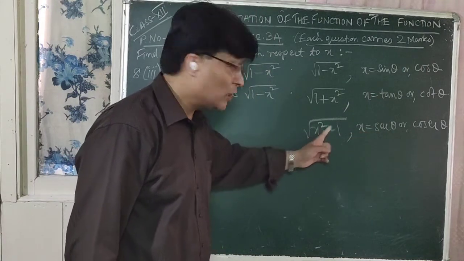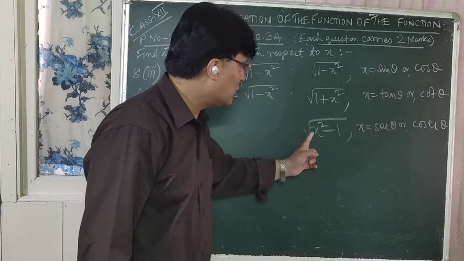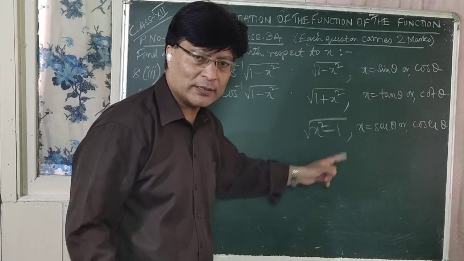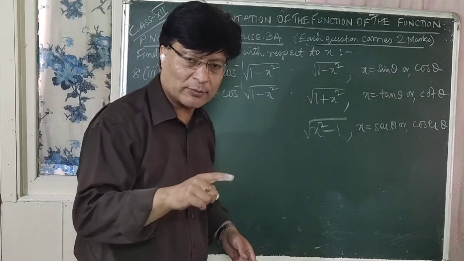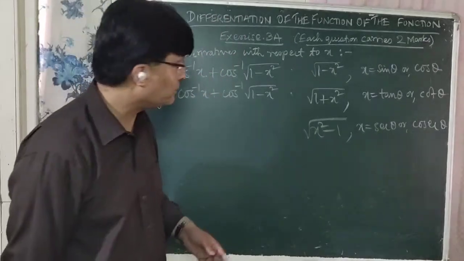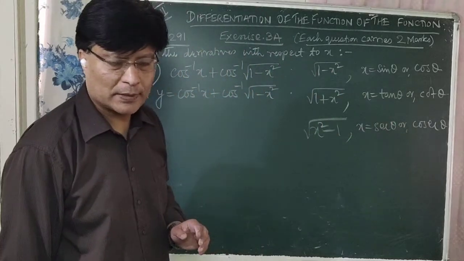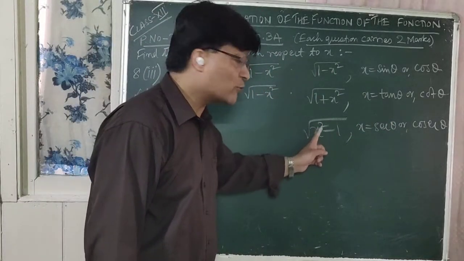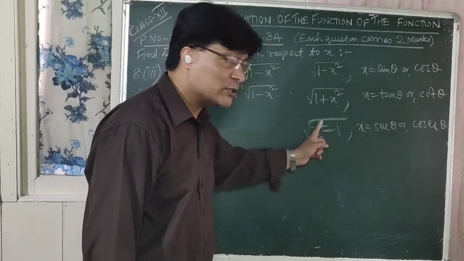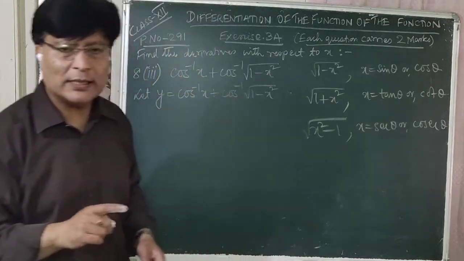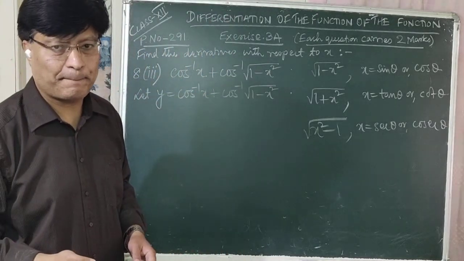Because if you put x is equal to sec theta, it will be root over sec square theta minus 1. What is sec square theta minus 1? Tan square theta. What is the square root of tan square theta? It is tan theta. If you put x is equal to cosec theta, so root over cosec square theta minus 1. What is cosec square theta minus 1? It is cot square theta. What is the square root of cot square theta? It is cot theta. Okay?